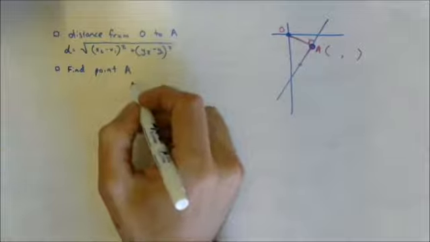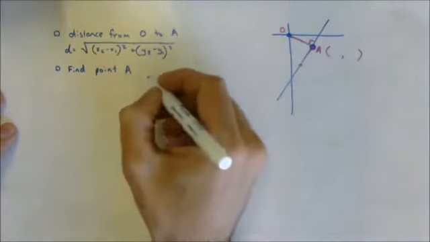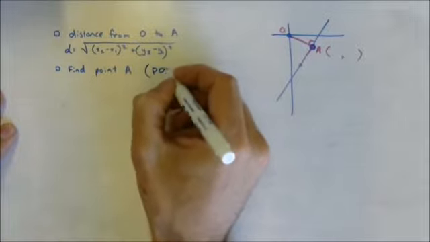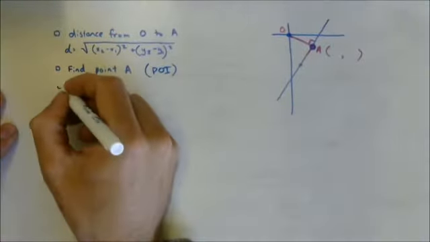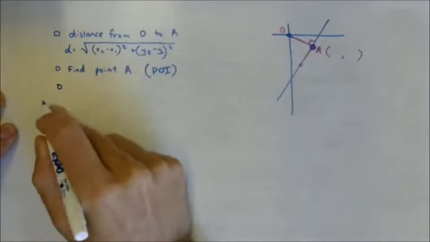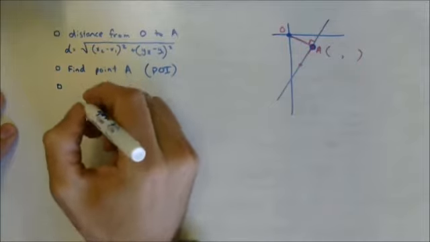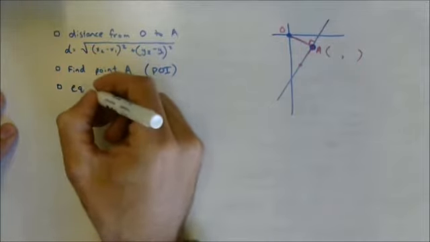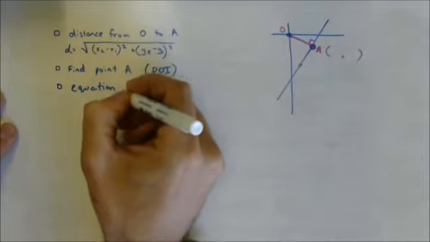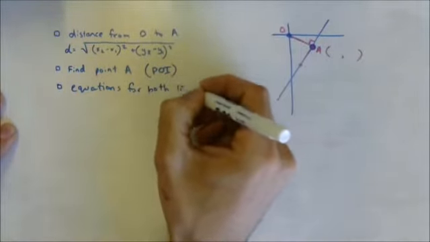In order to find point A, I need to find the point of intersection, right? Well, in order to find the point of intersection using substitution or elimination, I need 2 equations. So I need equations for both lines.